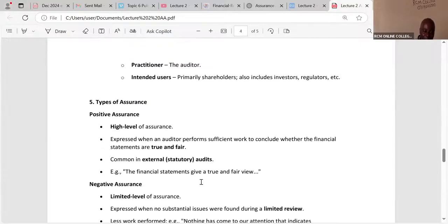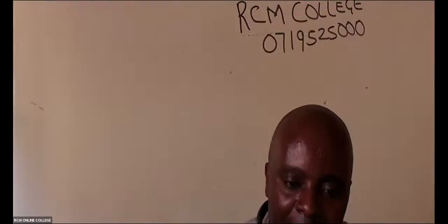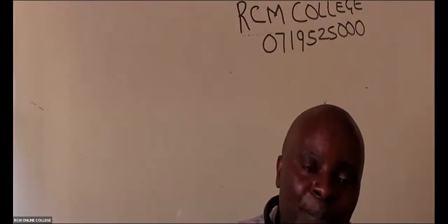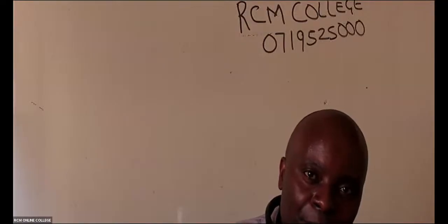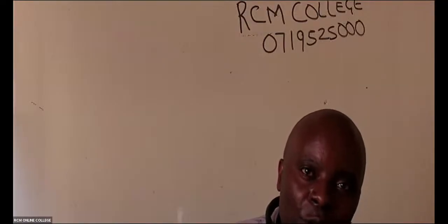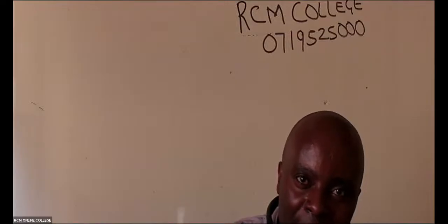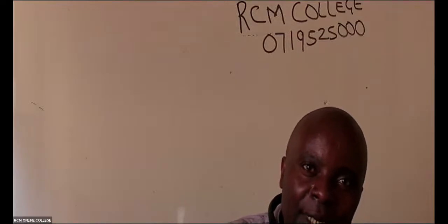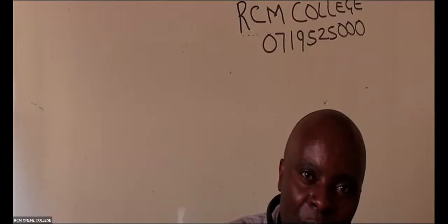Then we have types of assurance. Now, ladies and gentlemen, as much as we would want to give people comfort, there is no way in audit you will be able to give what we call absolute assurance. Absolute means 100%. Then that automatically would mean that you are a witch doctor.